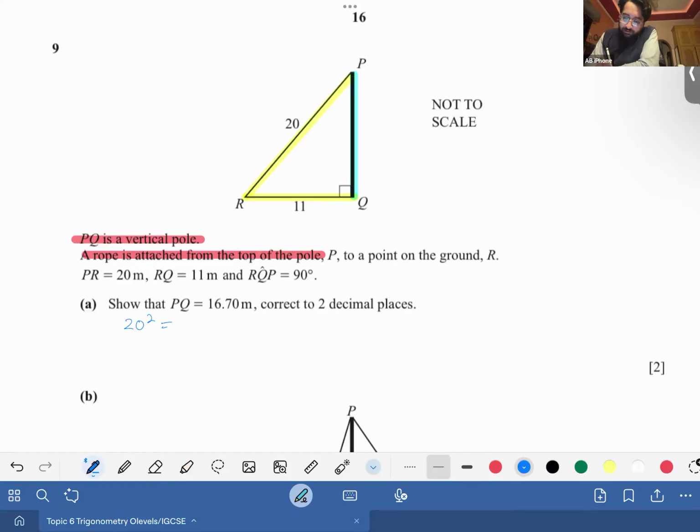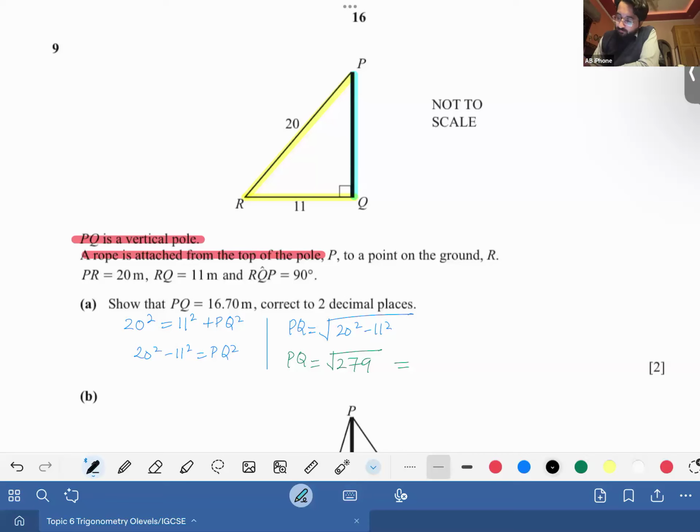So 20 square is equal to 11 square plus PQ square. So 20 square minus 11 square is equal to PQ square. It means that PQ equals square root of 20 square minus 11 square. So what is the answer, PQ is equal to what? 279, square root of 279.